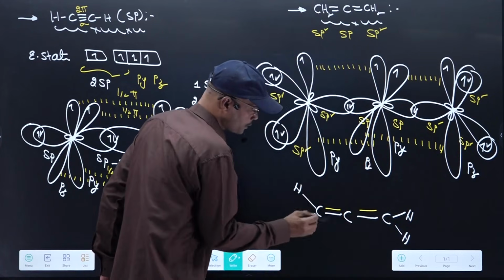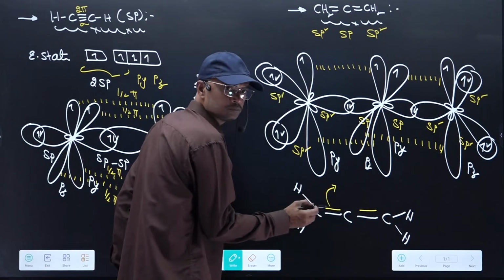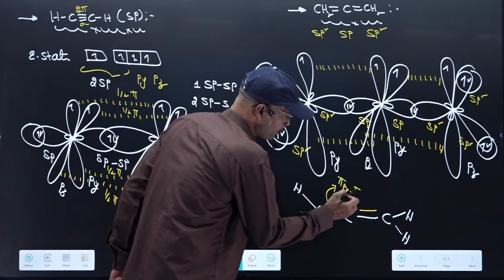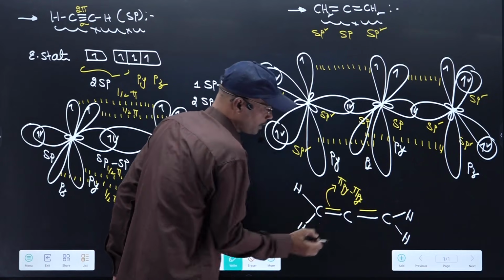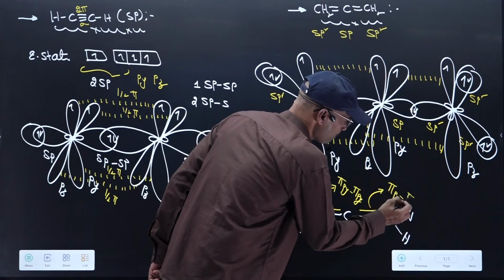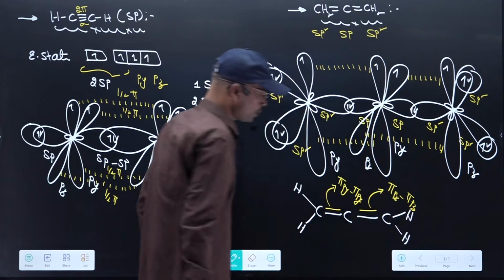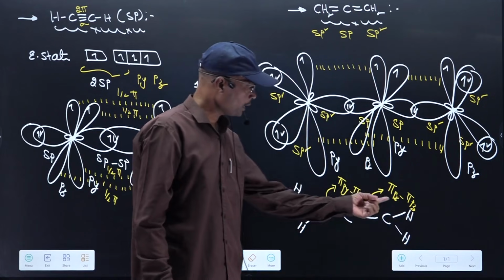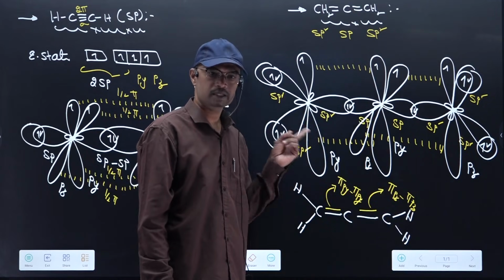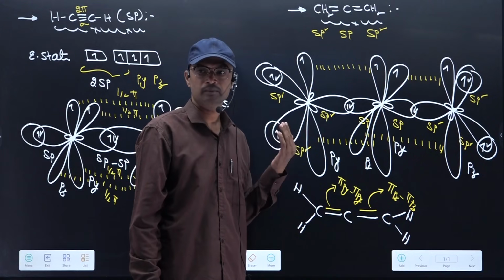But see, this pi bond is formed by py overlap, and this pi bond is formed by pz overlap. So I can say that py and pz overlaps are exactly perpendicular to each other. Right? X-axis, y-axis, z-axis, how are they?